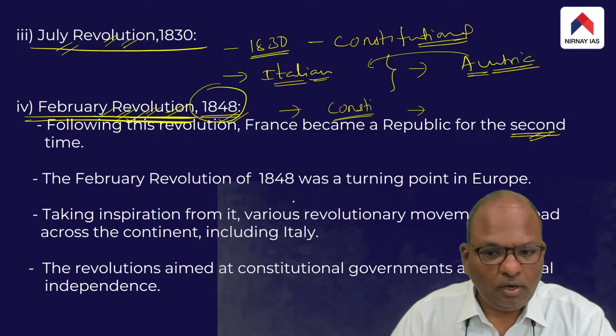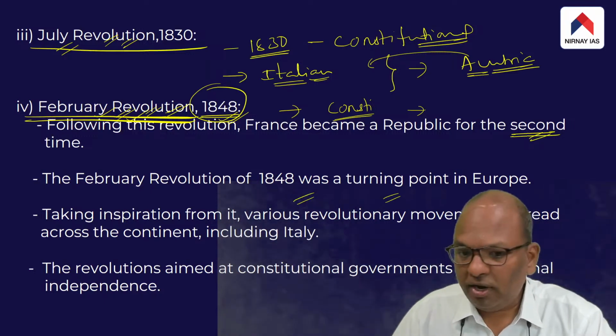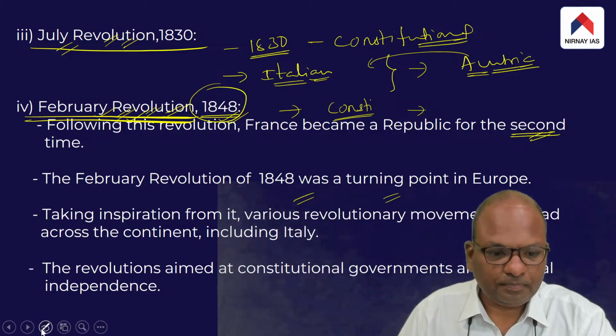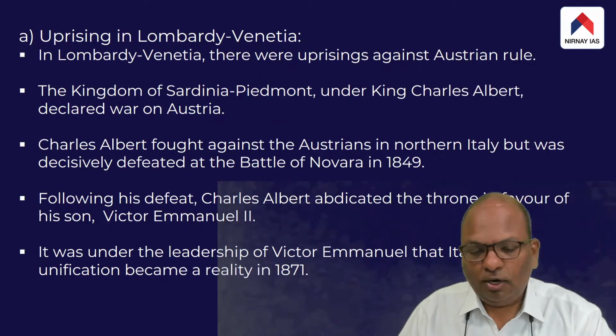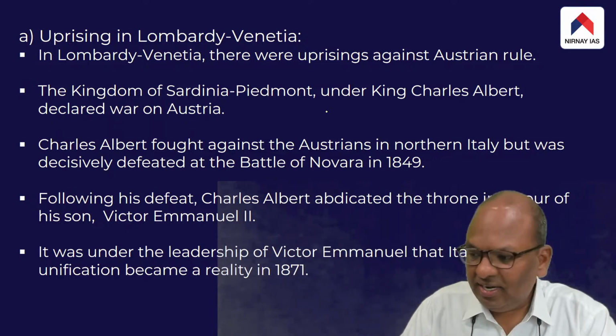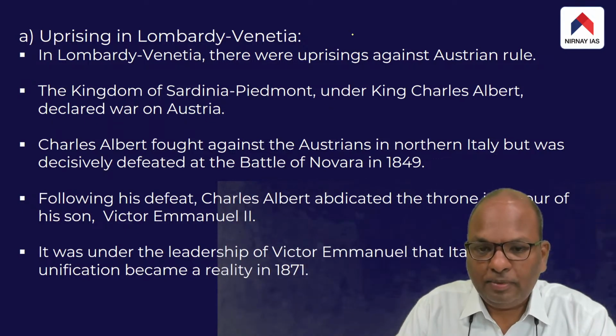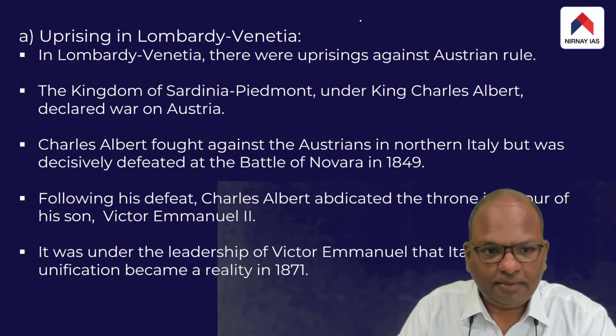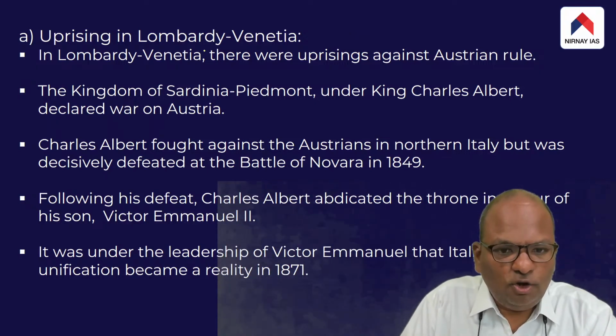These rebellions were aimed at those foreign rulers. Take a look at some very important uprisings that happened in Italy after the February Revolution of 1848. There was an uprising in Lombardy, Venetia.